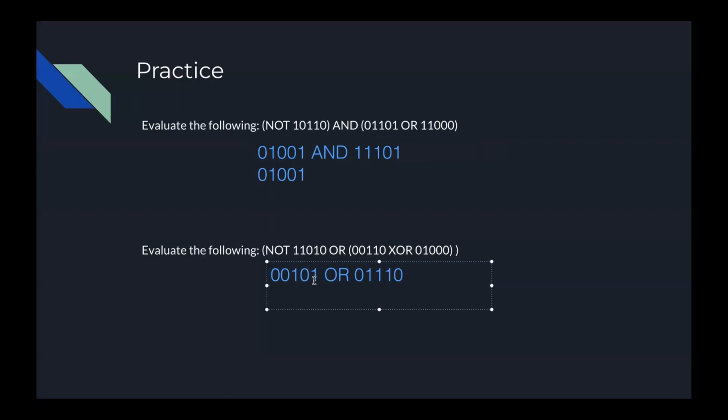And now we're going to OR this. Kind of the same trick as with AND. I'll see which one has more 1s and then copy down the digits here and leave spaces where there could be other possible ones and go back to the first value in this case. And I'm going to see that it also has a 1 in the last position, but it has a 0 here, so this is going to be 0. And this will be our answer.